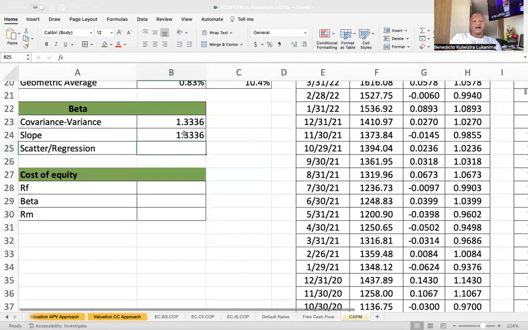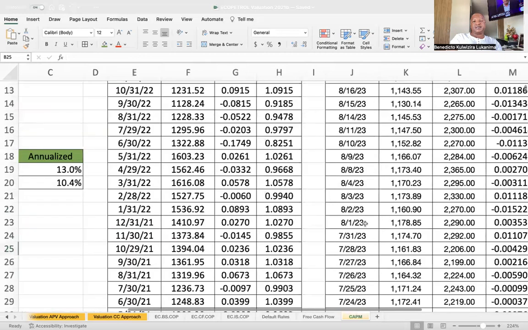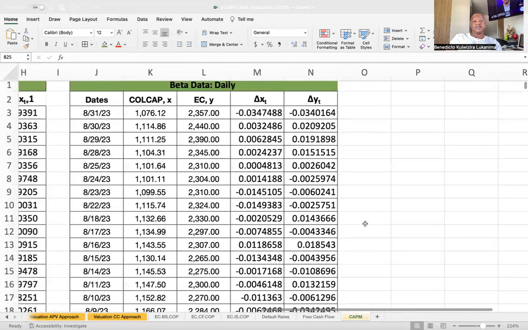If your calculations are correct, the result should be exactly the same. And then we can apply the scatter diagram. In the scatter diagram, the scatter is a measure of correlation between 2 variables. In this case, it is the stock index returns and Ecopetrol returns.